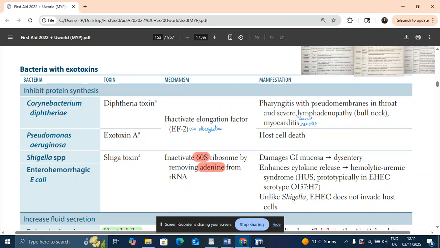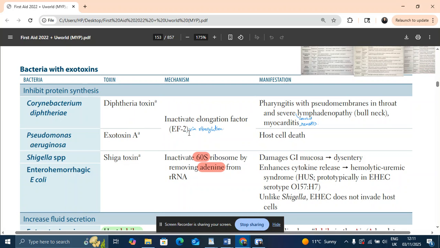What is that mechanism of action? They inactivate elongation factor 2.